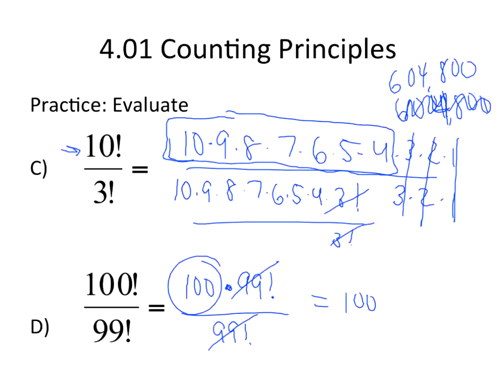Let's try one more. I know I don't have this one for you, but maybe somewhere on your blank spot of your notes, let's try this one. Let's do 12 factorial divided by 10 factorial.